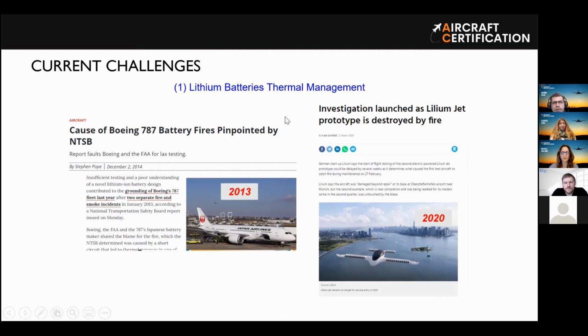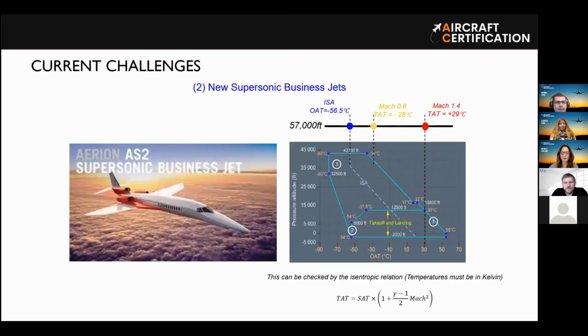And another important item is about these new supersonic business jets. Maybe you heard, this is just one example, the Aerion supersonic jet. For the thermodynamics people, this type of supersonic flight is very important because of the total temperature that we talked about some slides ago.